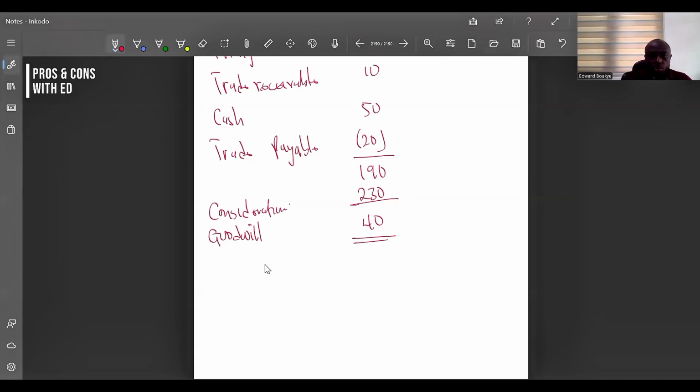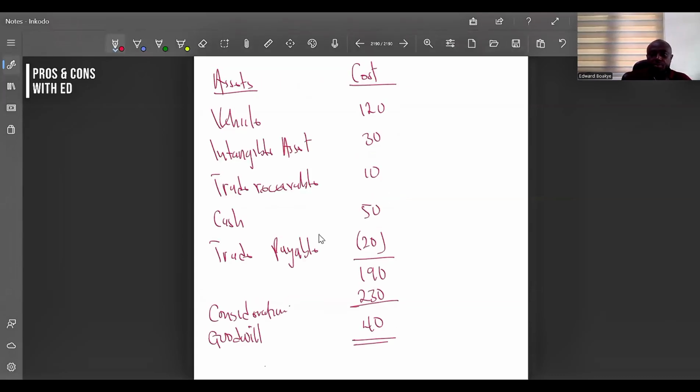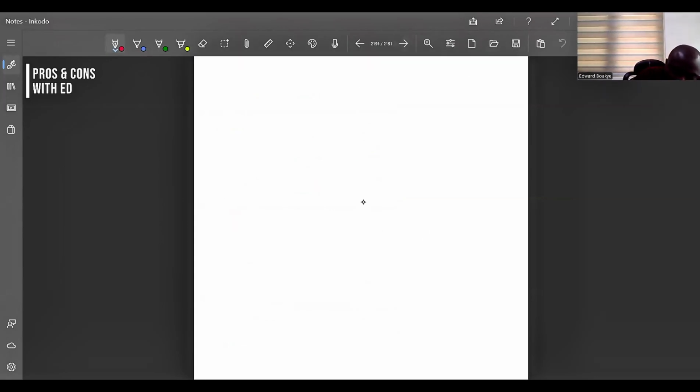If we go to our next page, we will have assets. This time around, we want to include the goodwill. The cost, the assets, the vehicle is 120.